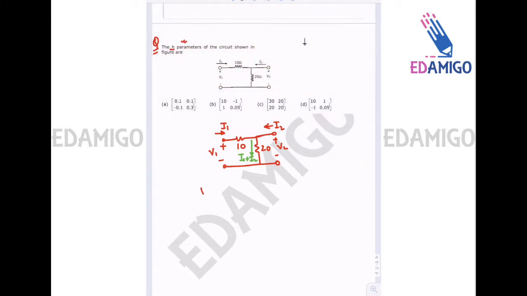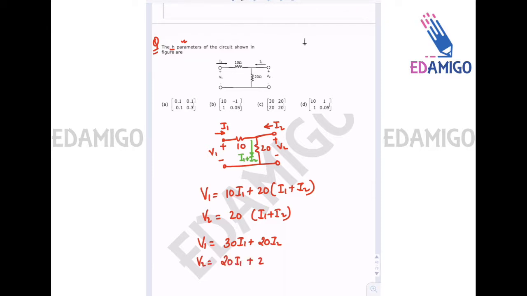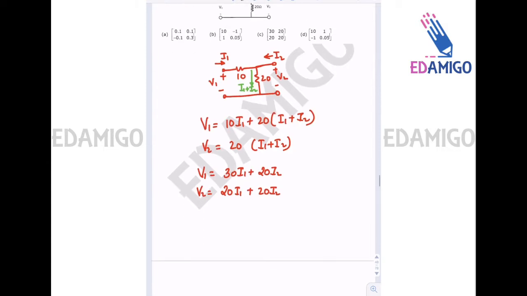So V1 is equal to 10 I1 plus 20 times I1 plus I2, and V2 is equal to 20 times I1 plus I2. So V1 is equal to 30 I1 plus 20 I2, and V2 equals 20 I1 plus 20 I2.